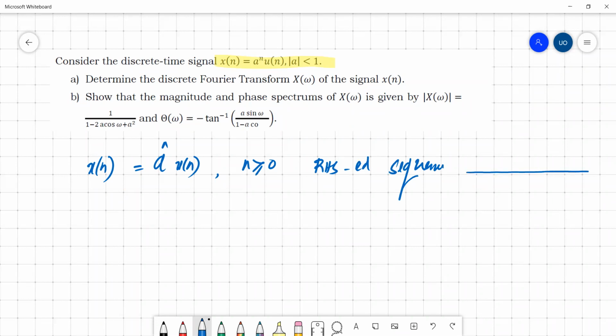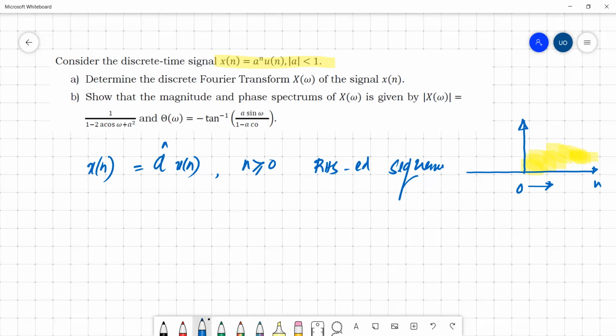It means if this is your n, the sequence simply appears here from n equals 0 to infinity. If it is a left-sided function, your function is defined on the negative values of n. If it is a both-sided or two-sided sequence, then the function is defined from minus infinity to plus infinity, so both positive values of n and negative values of n.